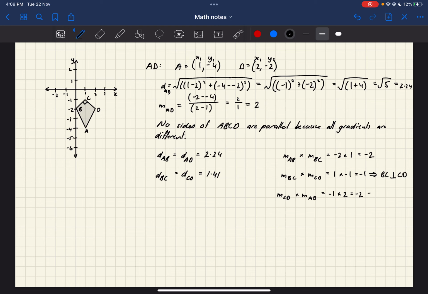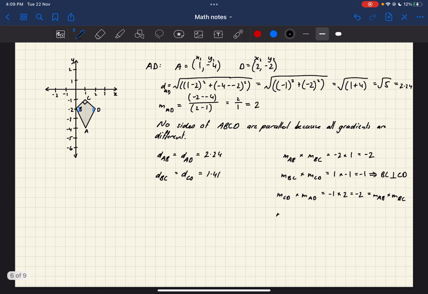And that is the same as the gradient of AB times the gradient of BC, because you can see they both ended up as -2. So that we know that these two angles here are the same.